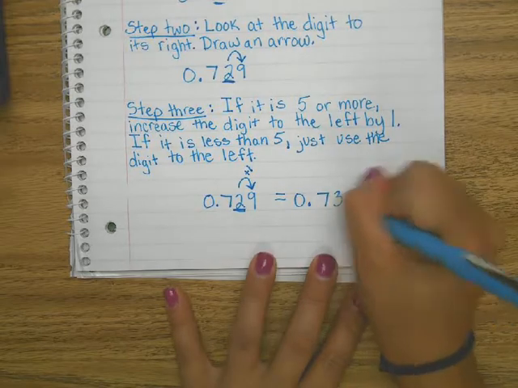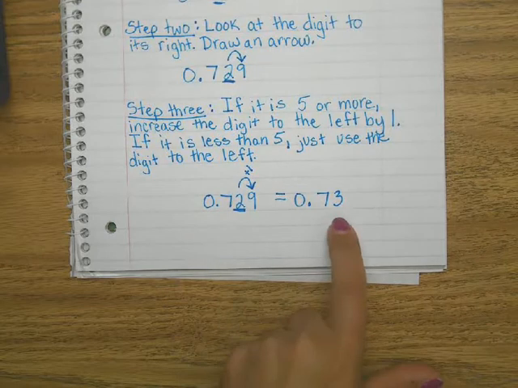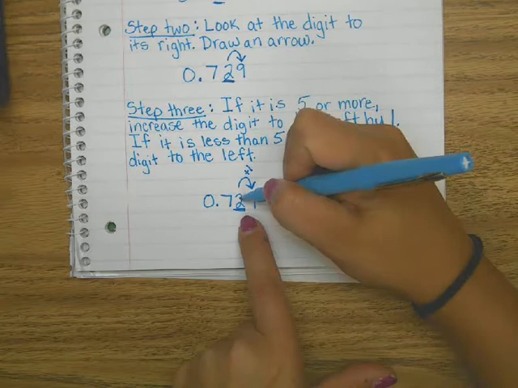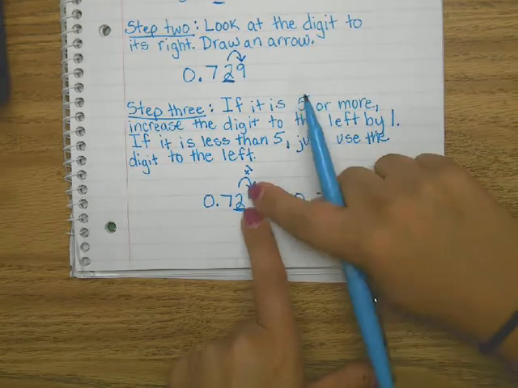So what is that? So we have 7,300. So when we added 1, that 2 became a 3. And then we just dropped everything else. So it's just 7,300.